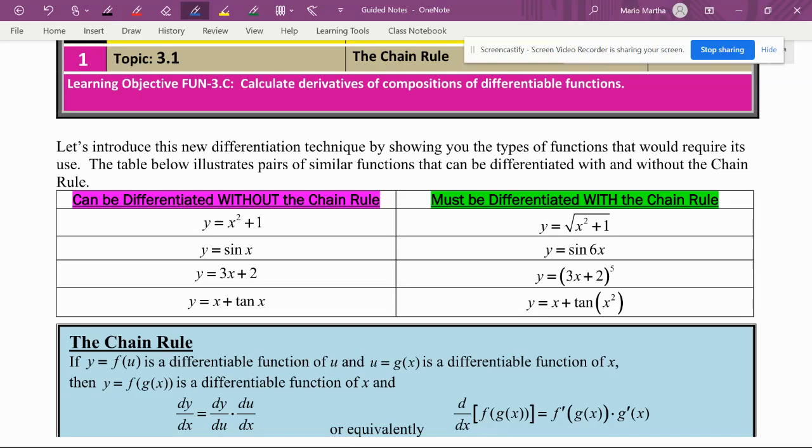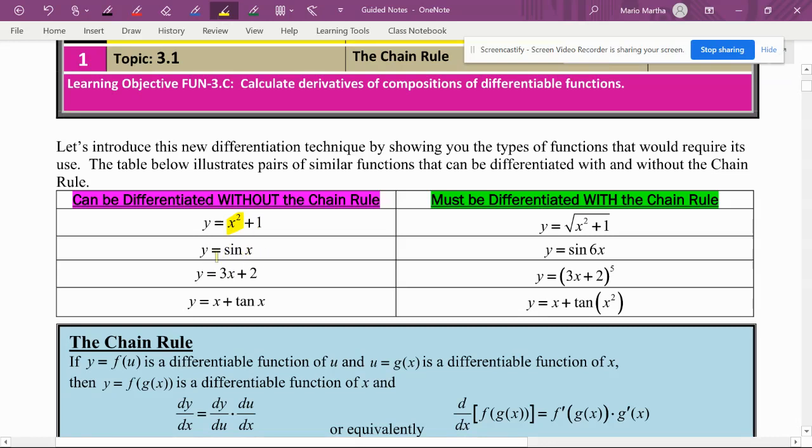So here you have different types of functions that require the use of the chain rule and ones that don't require the use of the chain rule. The first one that we don't need it for is y equals x squared plus 1. Here obviously you would use just the power rule and the constants and you're done.